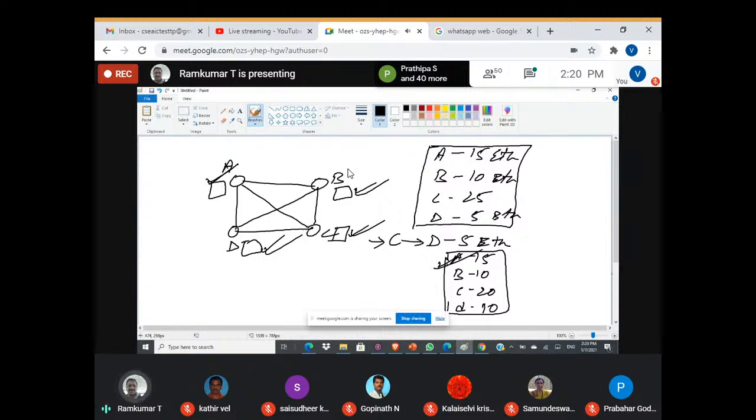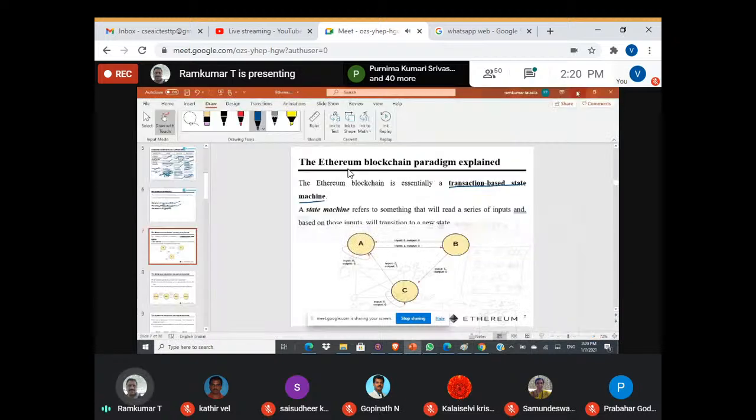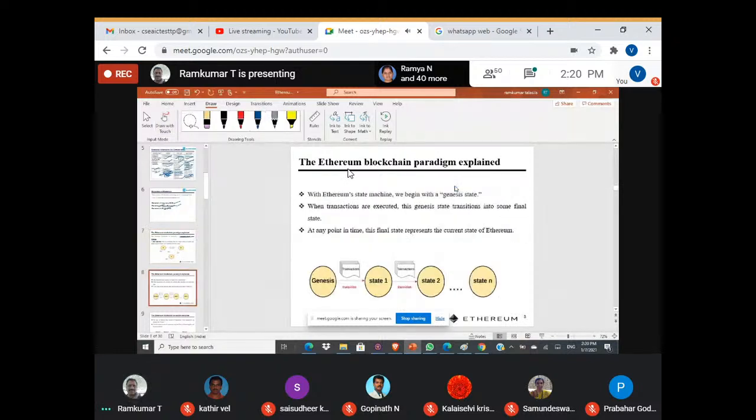That is what happens in the case of a transaction based state machine. So if I have transactions, then it moves from one state to another state.